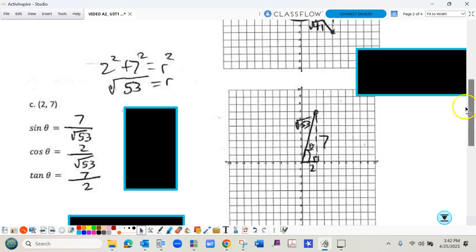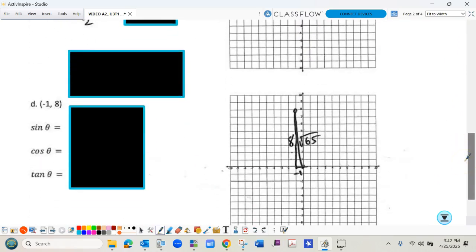Notice that I am starting always at the initial ray. I am rotating to the terminal ray, which always starts here at the origin and goes to the point that I'm given. Last problem on this page is (-1, 8).